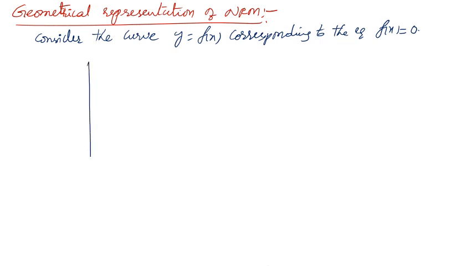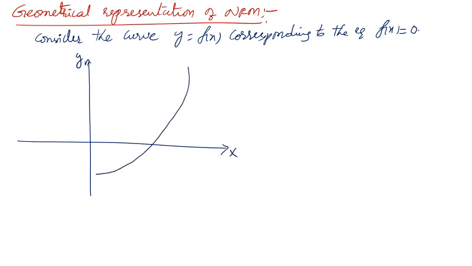See, this is the graph, this is the x-axis and this is the y-axis, and let me take the shape of the curve like this, for example. Let x0 be the initial approximation at this point.